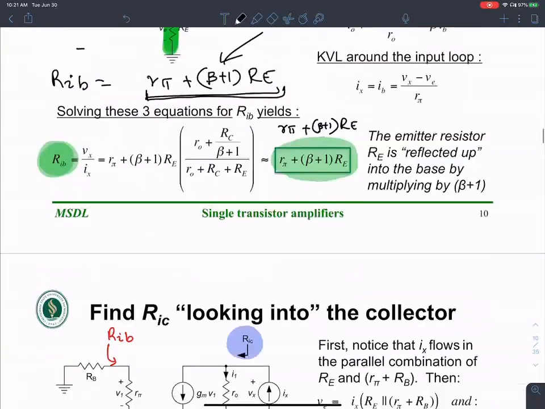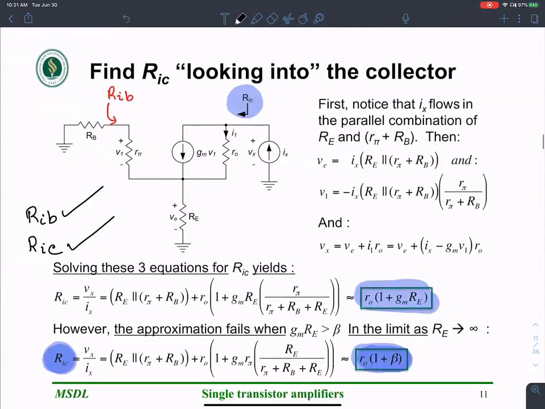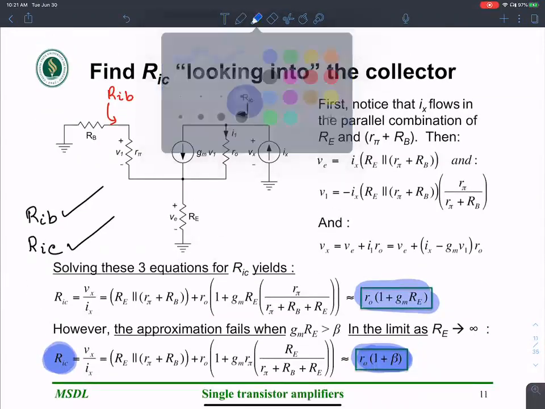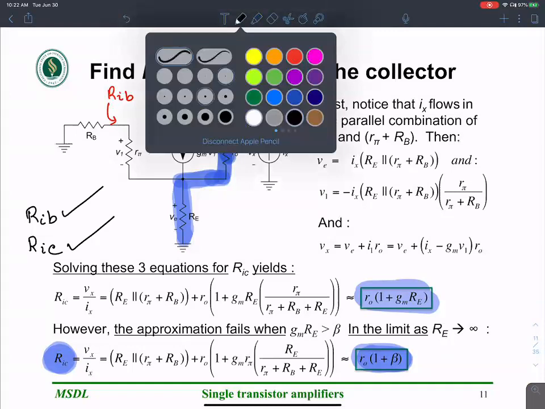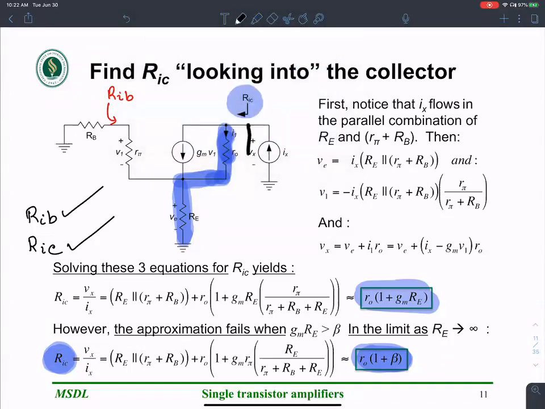Let's see, looking into RIC, you will find R naught, which is multiplied to a large value by this factor. We still did not look at the case where I'm using an external resistance RC. Remember, in DC there is no RC over here.